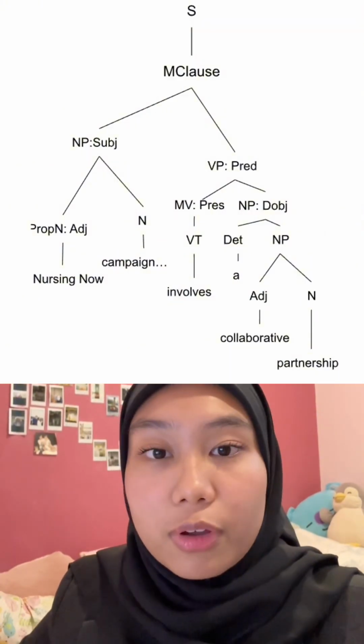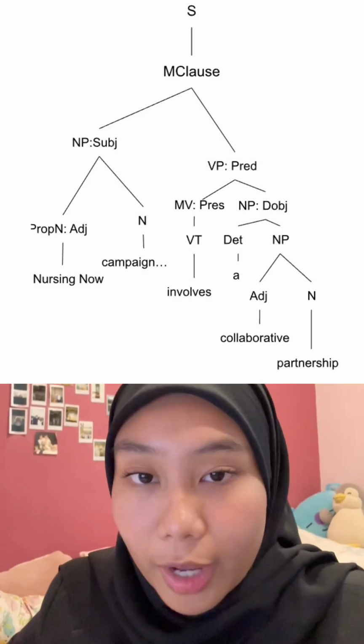So let's move on to the NRM. Now I will explain the relative clause in the sentence. The phrase which will end in 2020 functions as a relative clause. This relative clause begins with the relative pronoun which, referring back to the Nursing Now campaign.